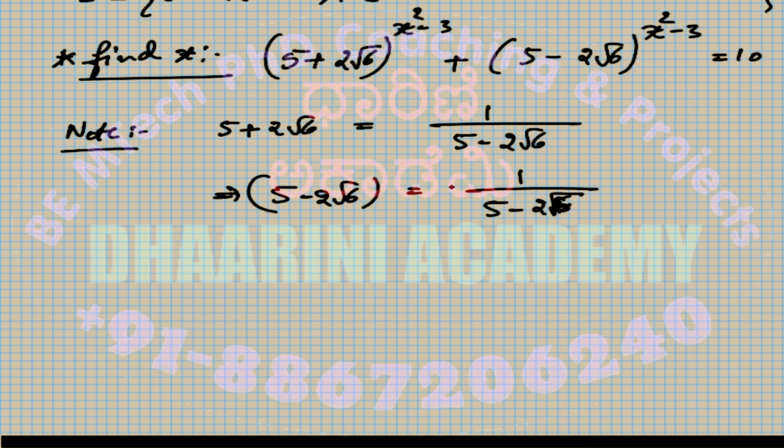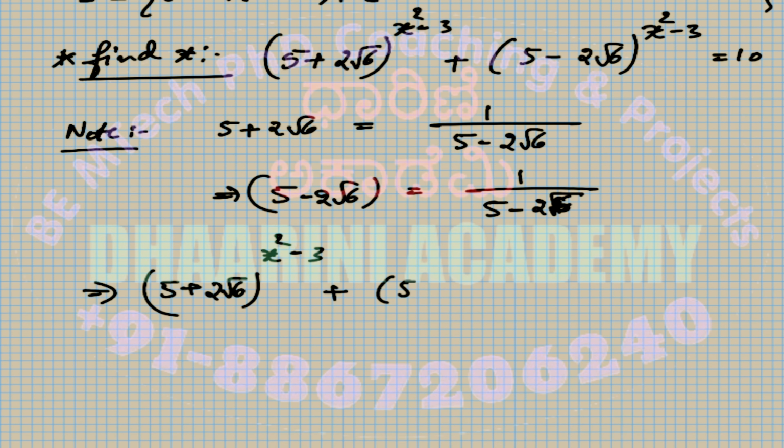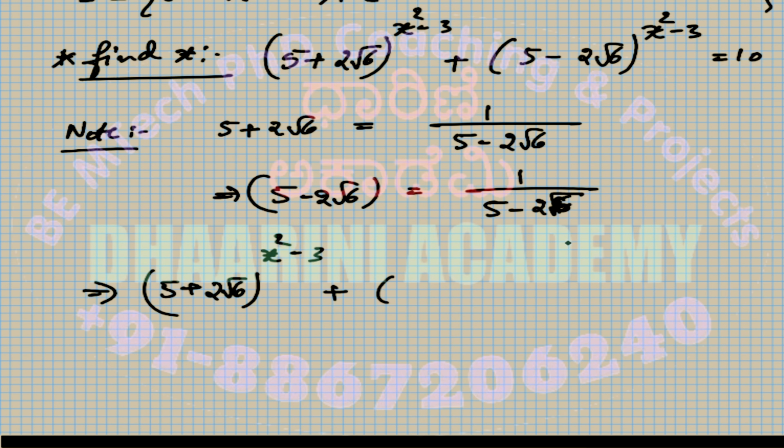So my equation now changes to (5 plus 2 root 6) to the power x square minus 3 plus 1 divided by (5 plus 2 root 6) to the power x square minus 3 equals 10.